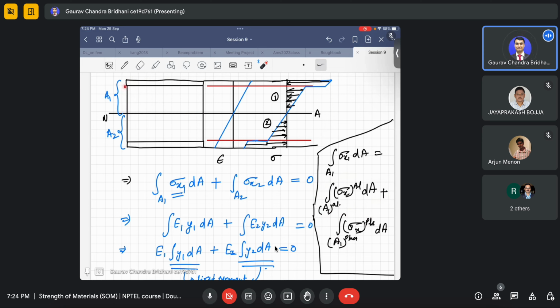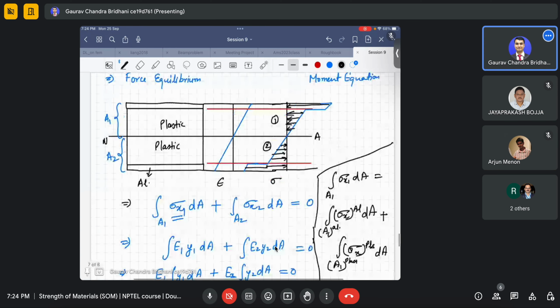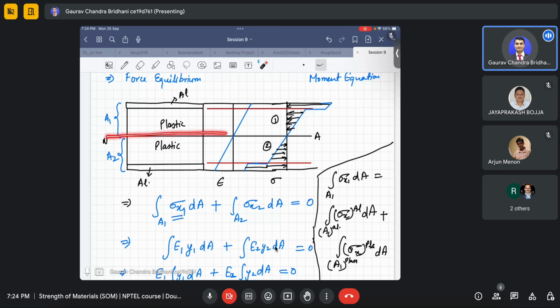Correct, no? I will mention this is plastic, this is plastic, this is aluminum, and this is aluminum. Where is y0? This is y0, that we agree. So, everything will be measured from here, from the reference.